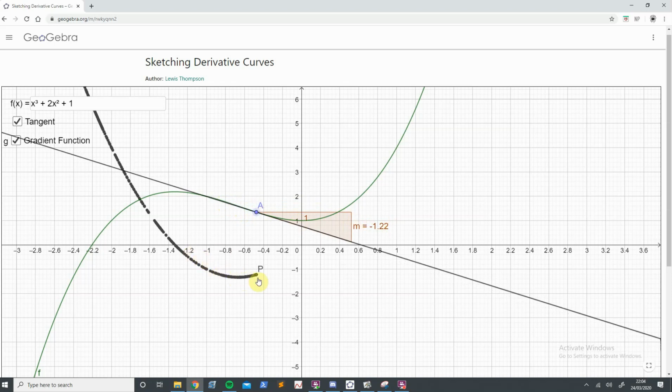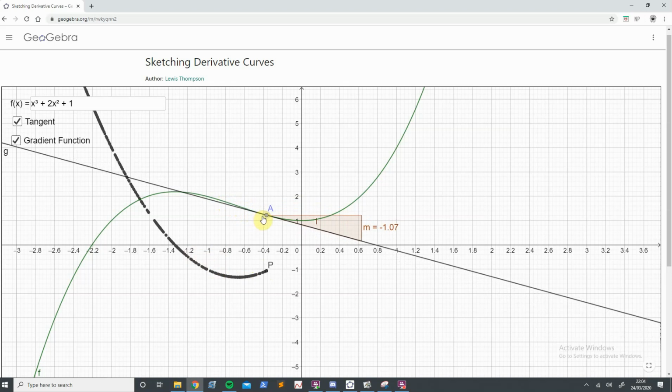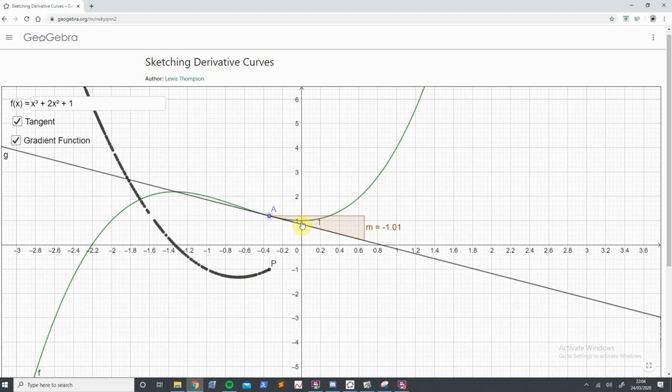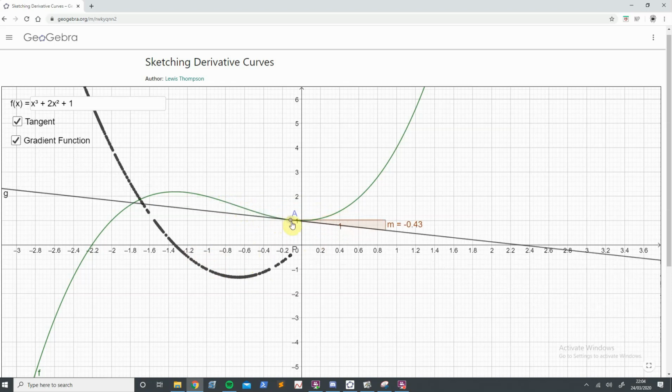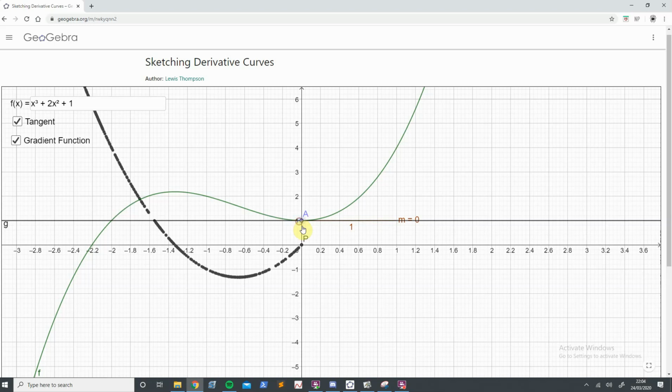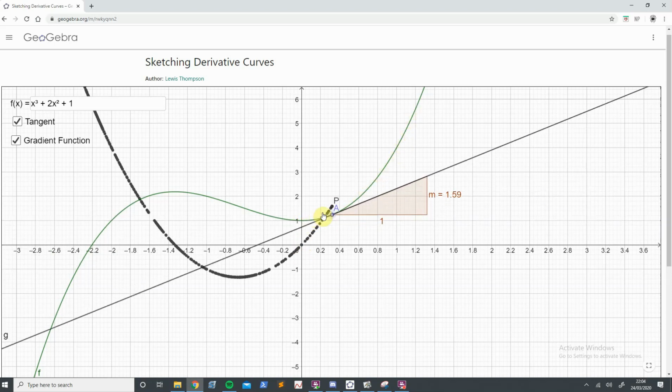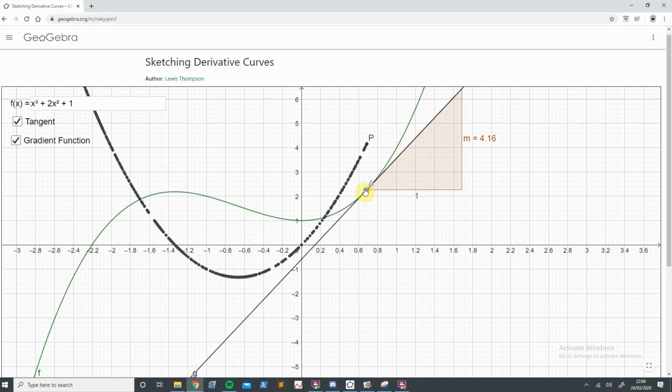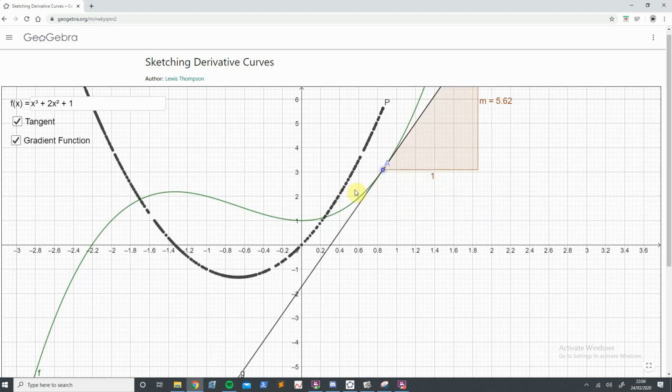So this graph is going to come closer and closer, and curve back up, and it should hit the x-axis at the same point as my stationary point, which is at the coordinate 0, 1. And we can see they line up nicely. Then from there, we can see that this graph, the green line, is going to have a positive gradient going forwards. So our gradient curve would fall back into our positive quadrants.